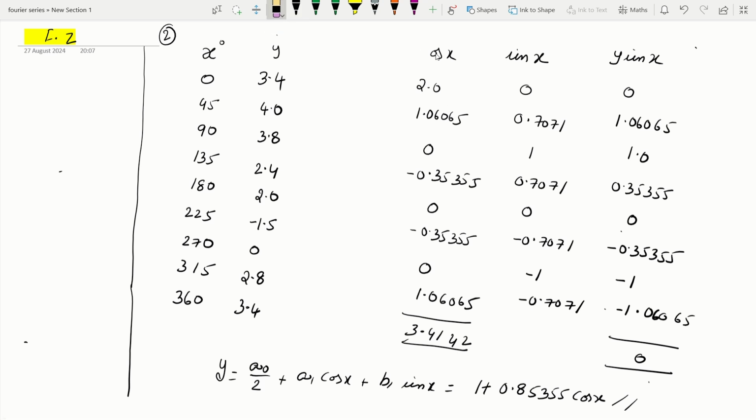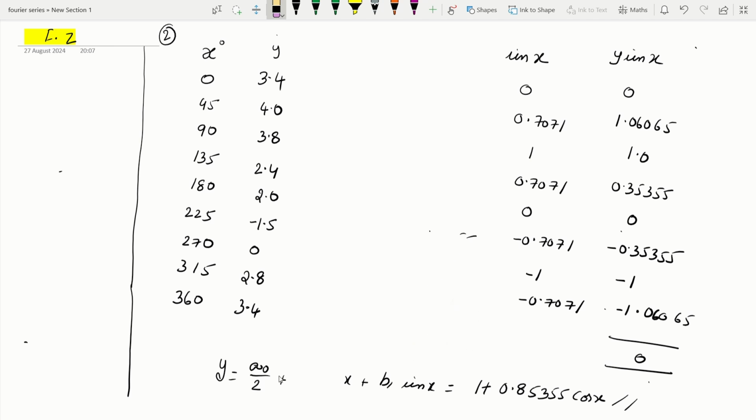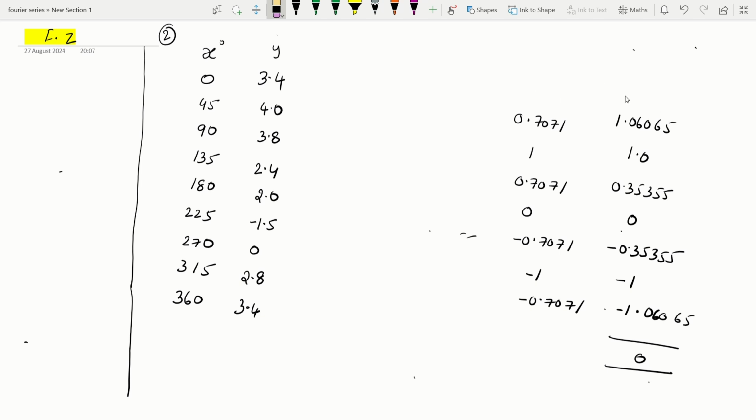If you observe, x values lie between 0 to 360. 0 is there, 360 is also there. But we have to eliminate one, either 0 or 360. We have to take only one. Why do we have to eliminate the starting value? There is no condition like that.